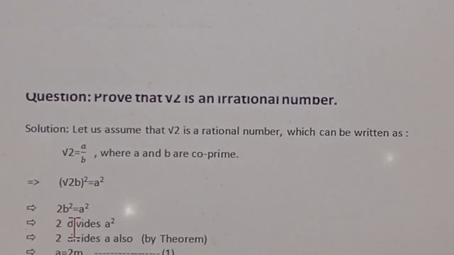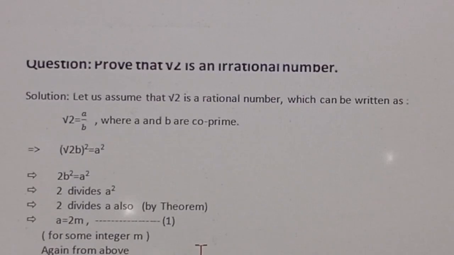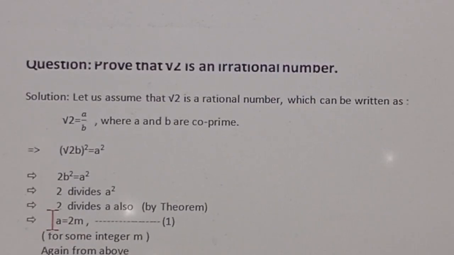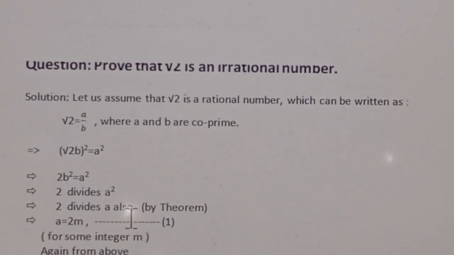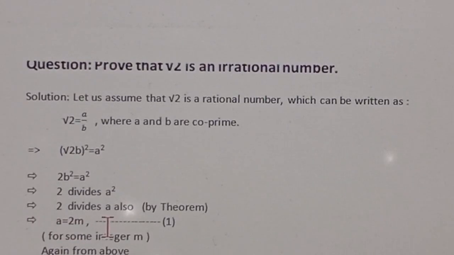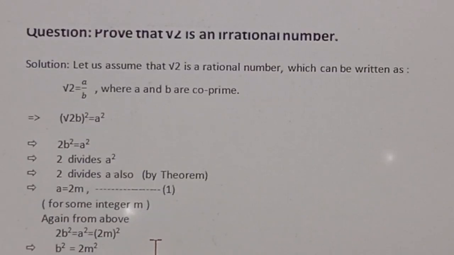That's why we are adopting these steps and not b square. Okay, 2 divides a square implies 2 divides a also, by theorem you can write shortly. Implies a is equal to twice m. If 2 divides a, then a can be written as 2m for some integer m.